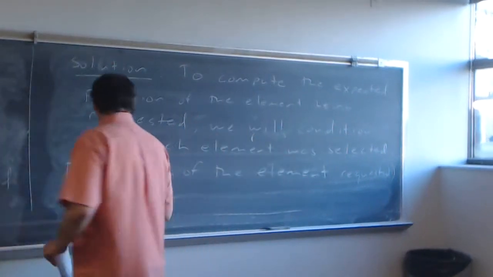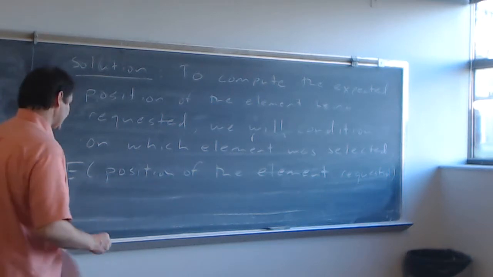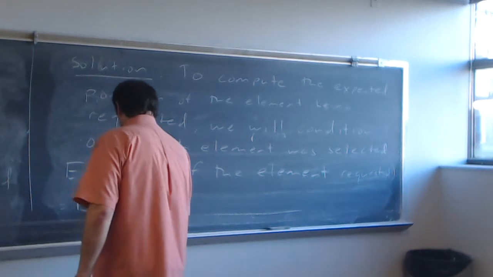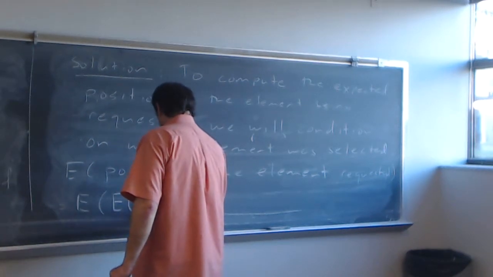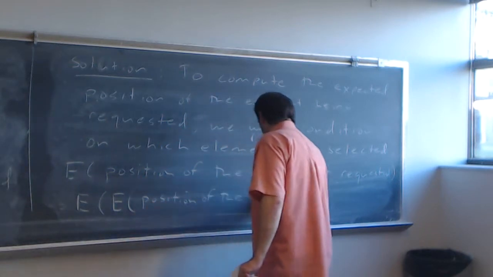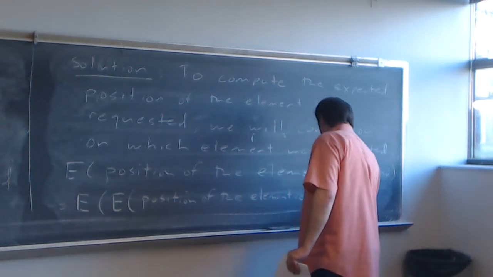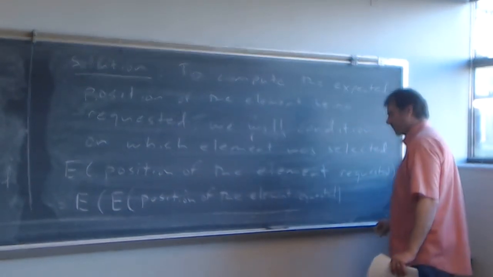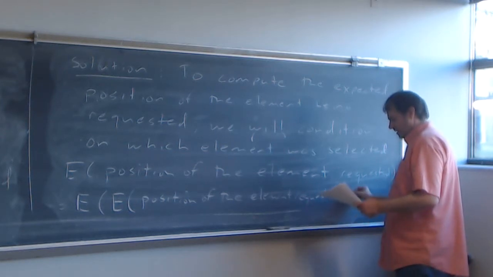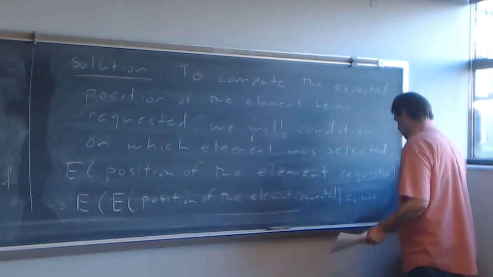What I'm thinking about is using that formula about the expected value of a random variable being equal to the expected value of the conditional expected value of the position of the element requested given, let's say, E sub I was requested.